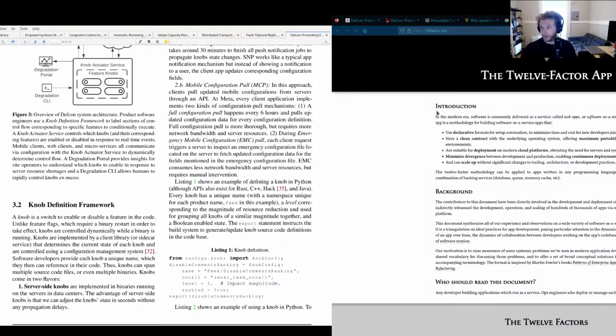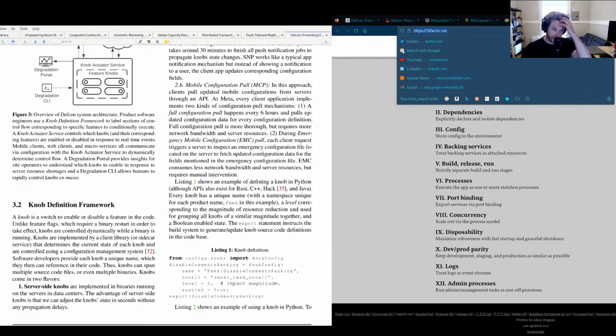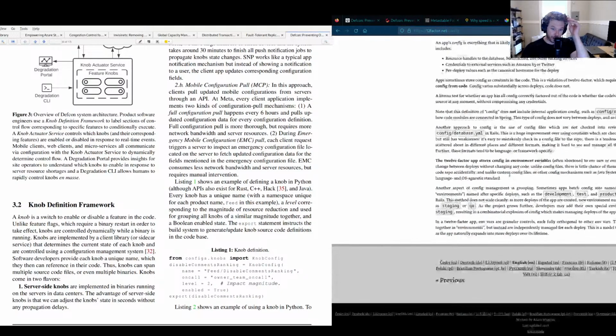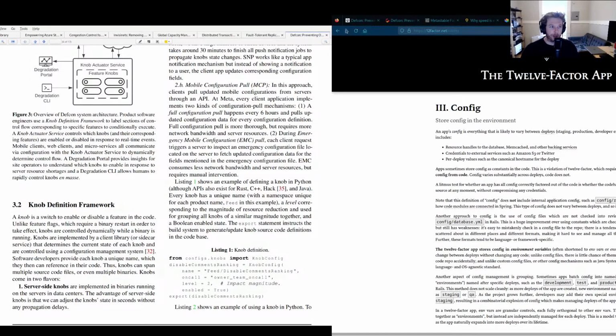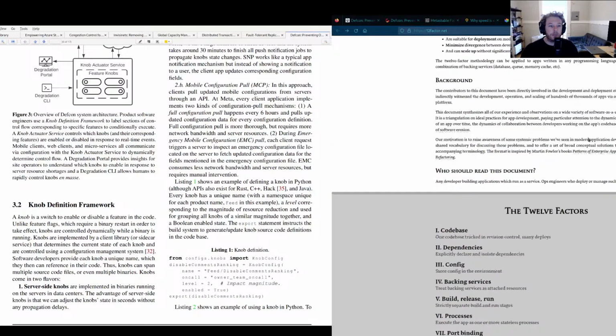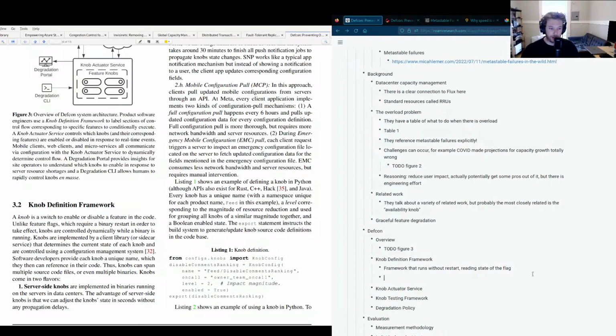The 12-factor app, that's what I'm referring to. They talk about config: store config in the environment. So the 12-factor app. I'm not sure. Martin Fowler. So yeah, it's related to some of those ideas.